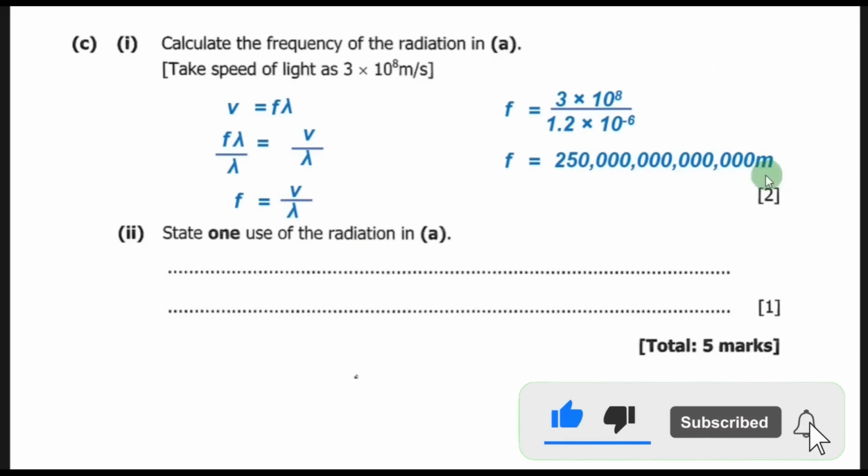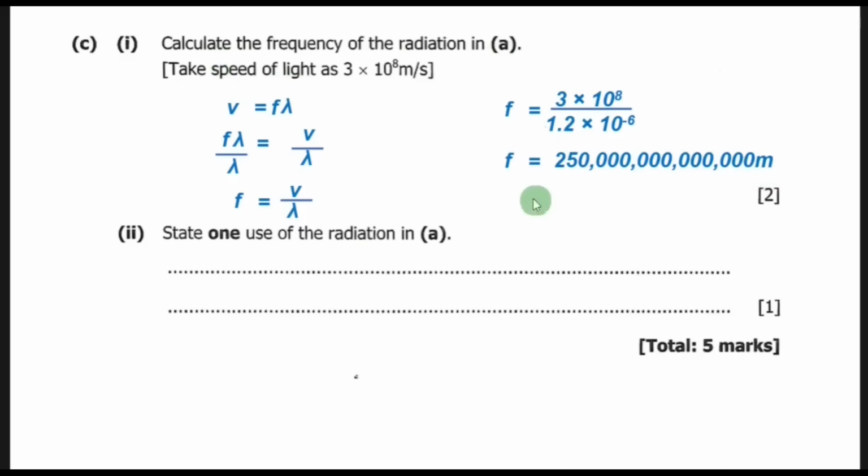Then here I had to put hertz, not meters, because we are finding frequency. In standard form, it is 2.5 times 10 to the power 14 hertz as the frequency of this radiation in air. Then part 2, they are saying we state one use of the radiation.